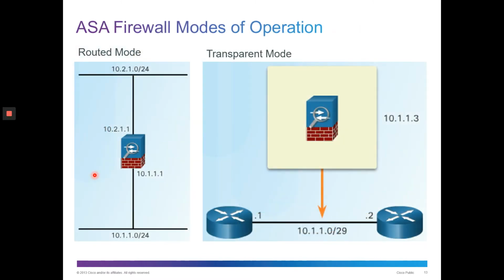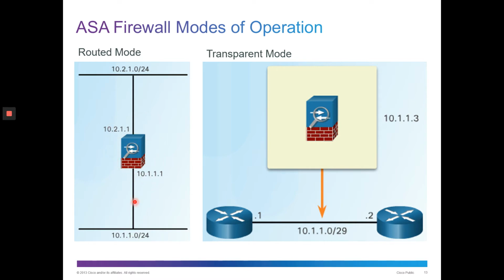Then we have the modes of operation. There are two modes of operation of firewalls. One is called routed mode, and the other is transparent mode. In routed mode, say you have network 10.2.1.0 here and 10.1.1.0 over here, and you have this firewall in between.